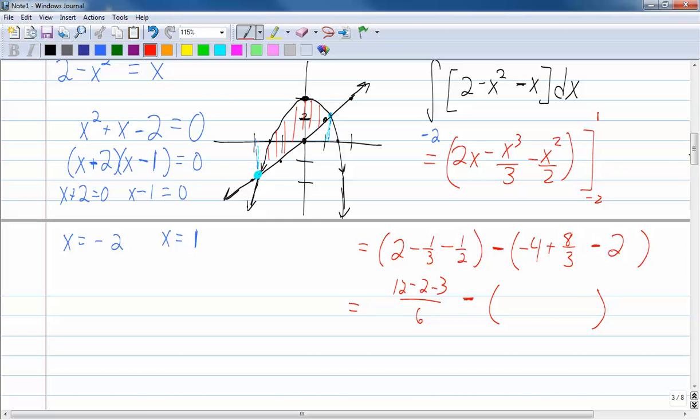Alright, that's thirds, so it's going to be -12 thirds plus 8 thirds minus 6 thirds.